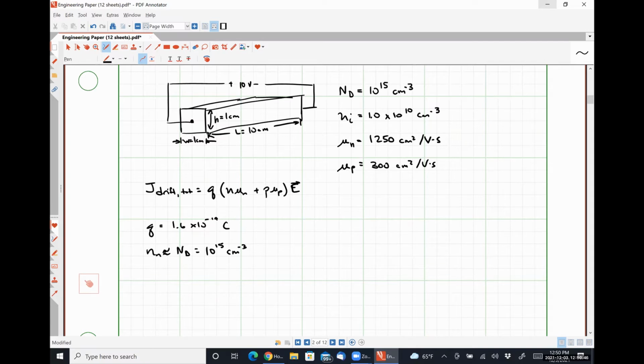Neglecting the intrinsic electrons doesn't really do anything because they're 0.00001 part of the total electron concentration. So throwing them away hurts nothing.